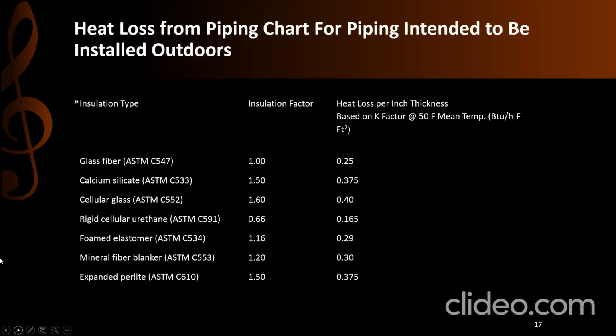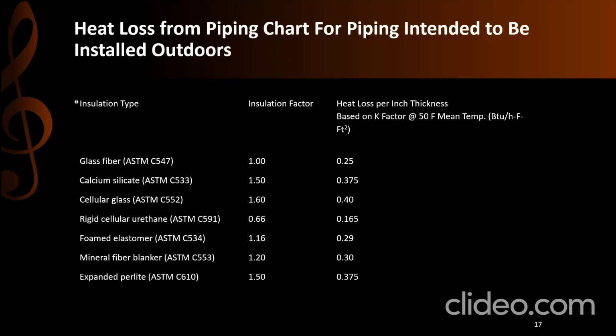Next. Heat loss from piping, charts for piping intended to be installed outdoor. May mga table yan, may indoor, may outdoor. So, ito yung outdoor. Insulation types: glass fiber, calcium silicate, cellulose glass, rigid cellular urethane foam, elastomer, mineral fiber blanket, expanded perlite.